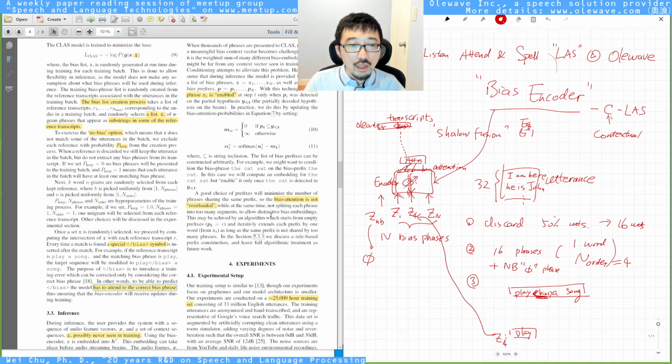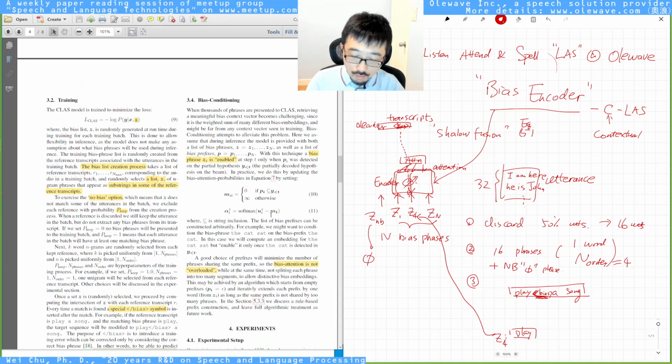Okay, and then they also talked about another very ad hoc thing, which I do not personally understand very much. They introduced something called bias conditioning. You can see it's easy to understand. Here is what they do.